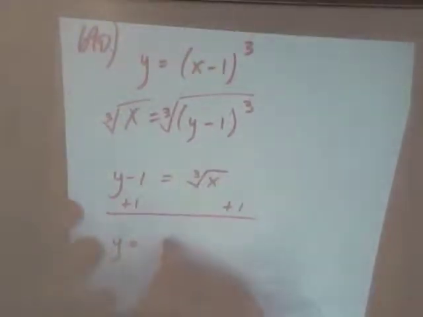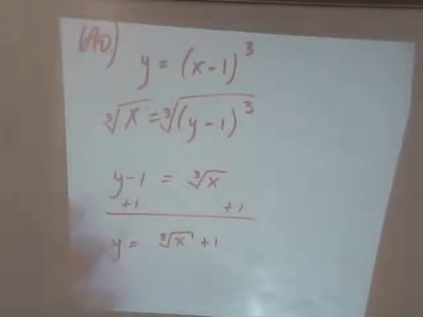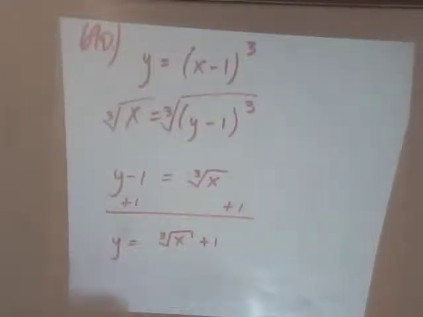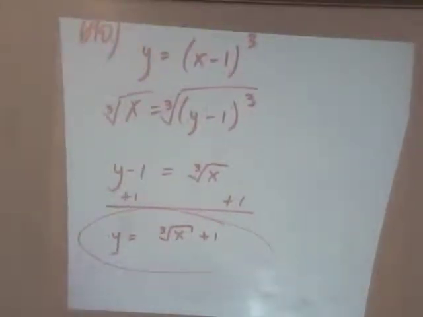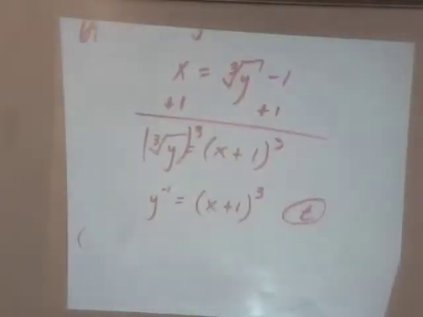So y is equal to the cube root of x plus 1. I guess it would be U if you change the minus to a plus, right? Questions on 69? What was B? The quantity x plus 1 cubed.